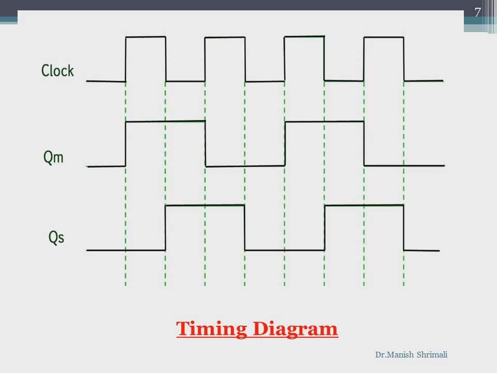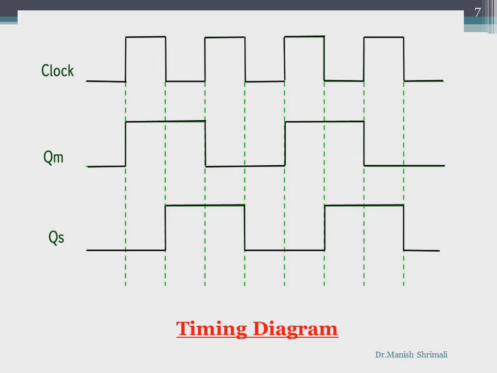Finally, after the second clock pulse, when the rising edge comes, at that moment the output of the master becomes low and it continues till the whole clock pulse.